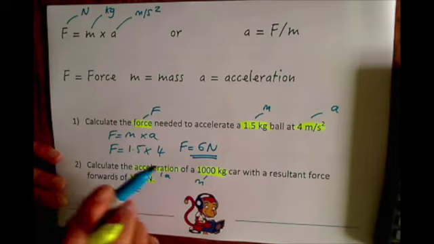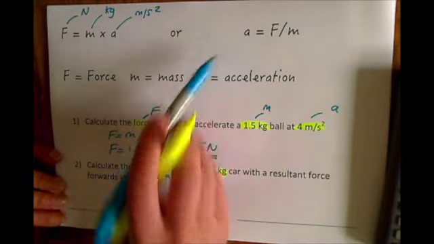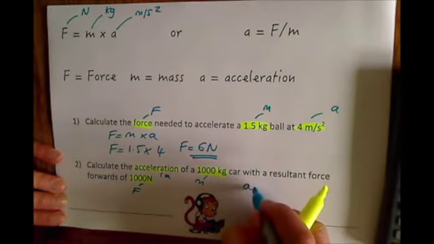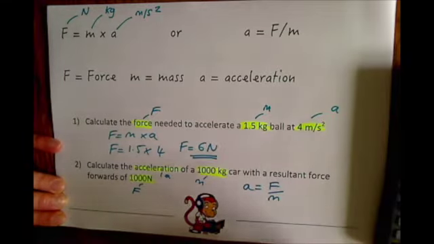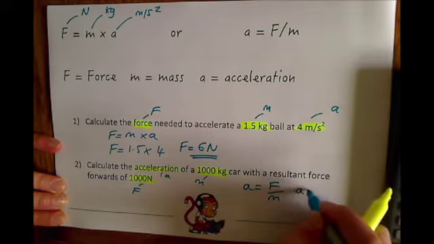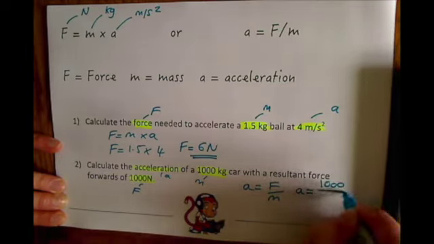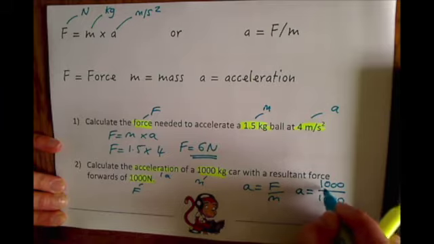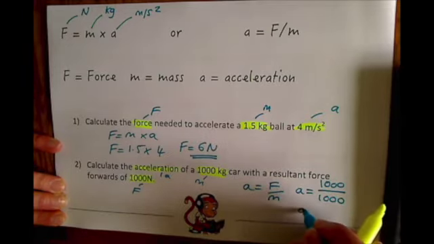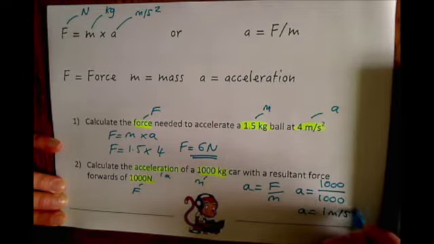So this time we need to calculate a, so we need to use this rearrangement of the equation, and we write it down, a equals F divided by m, and then we simply put our numbers in. a equals 1000 divided by 1000. Okay, we don't need to do this one on the calculator, but you can if you want to make absolute sure. a equals 1 meter per second squared.